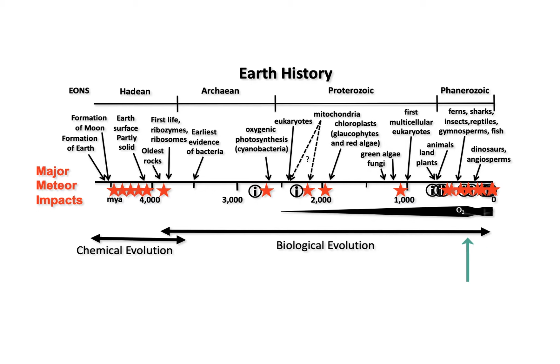One major extinction was about 250 million years ago. It may have been from a bolide impact. It may have been from something else. But we know the 65 million year old impact caused the dinosaurs to go extinct, as well as about 75% of species on Earth.